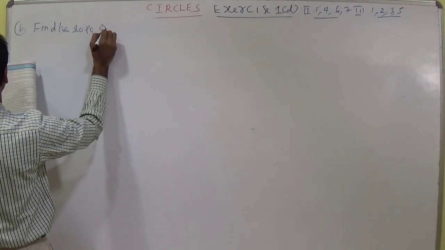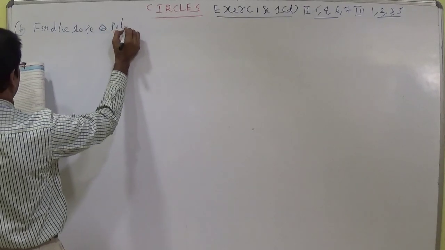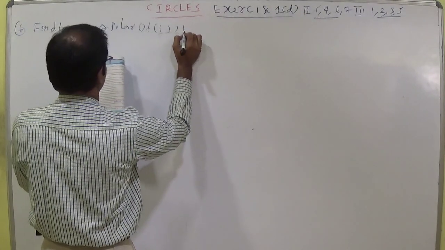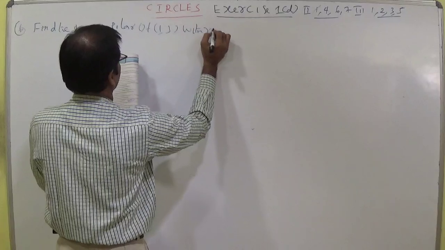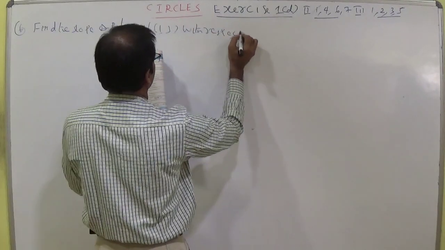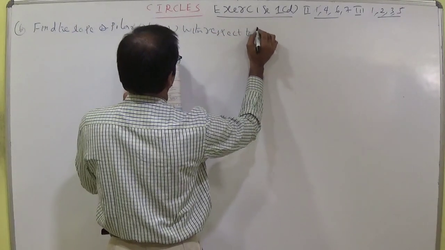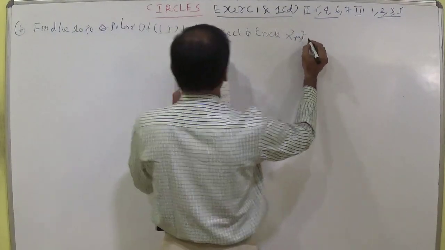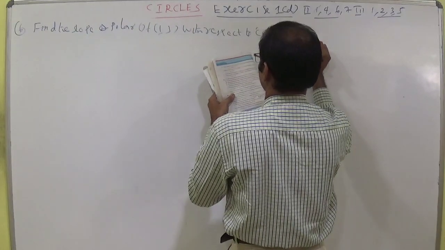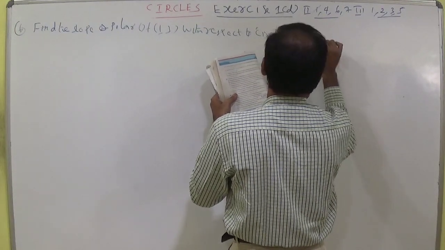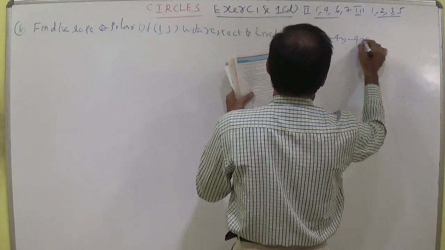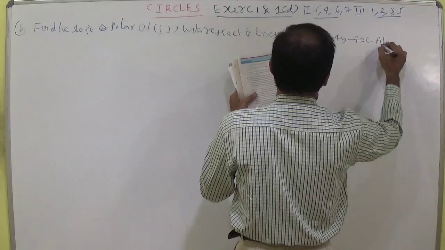Find the slope of polar of (1, 3) with respect to the circle x square plus y square minus 4x minus 4y minus 4 equal to 0.